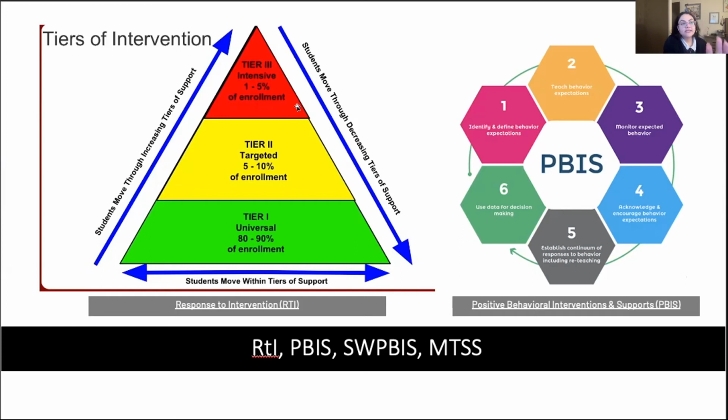So on the right side of this page is PBIS, Positive Behavior Interventions and Supports. Sometimes you will see it as SWPBIS, School-Wide Positive Behavior Intervention and Supports. Same thing. I put the little circle there just so you can see the different parts, but they often conceptualize PBIS as the exact same triangle shape, 3 to 4 tiers.